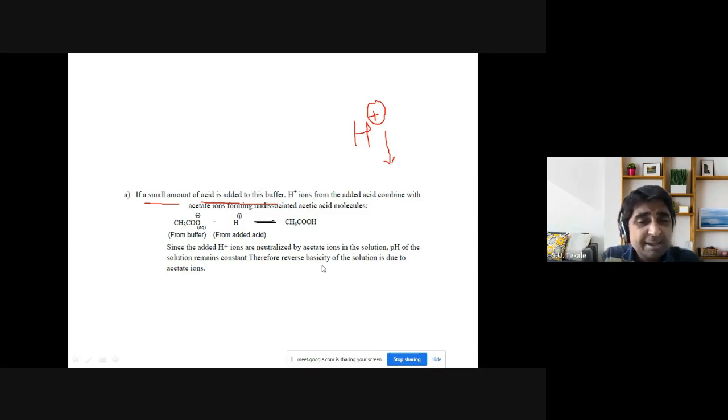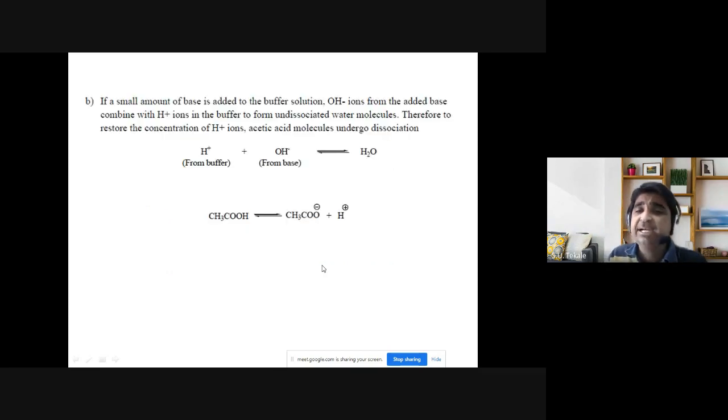If we add some acid, the H plus ions from the added acid will combine with the acetate ions, forming undissociated acetic acid molecules, and the pH of the solution does not change. Now the next situation is if we add a small amount of base.